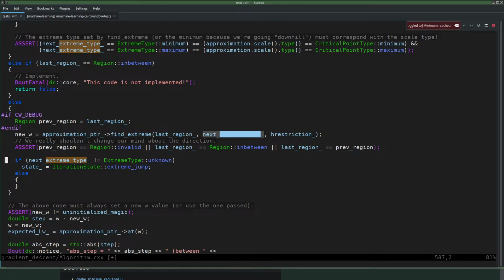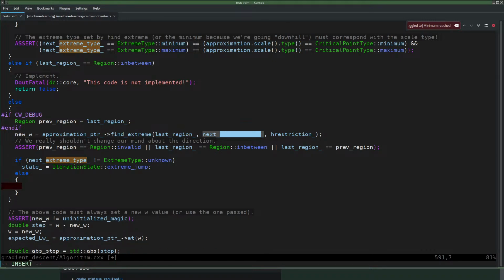And I could add an assert here that new must be initialized, but well, we do that immediately afterwards anyway. I would almost turn it around and say it must still be uninitialized if we get here, but well, I don't have to test that. I'll just set it to something. Yeah, I think new W is something.